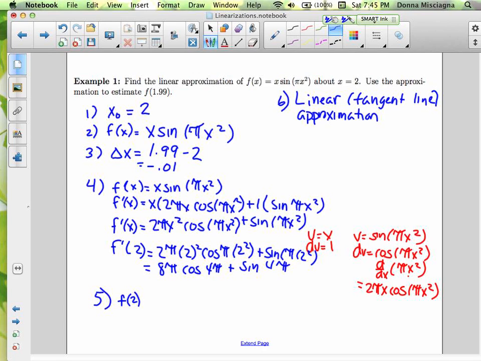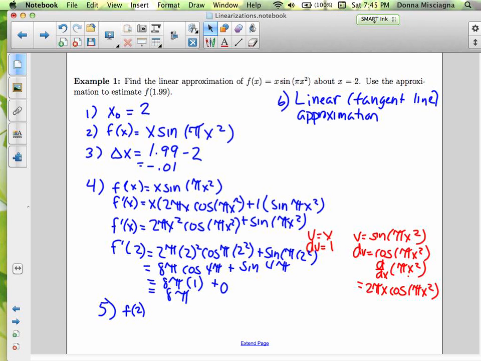Cosine 4 pi, sine 4 pi, you've gone around the circle twice. But either way, cosine of 0, 2 pi, 4 pi is 1. So this is 8 pi times 1. And sine of 0, 2 pi, 4 pi is 0. So this is 8 pi. That's the value of our derivative at 2.